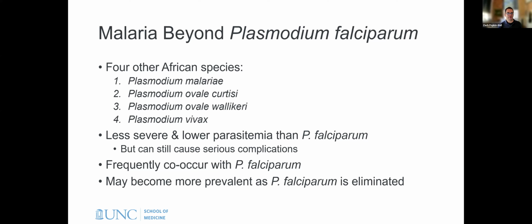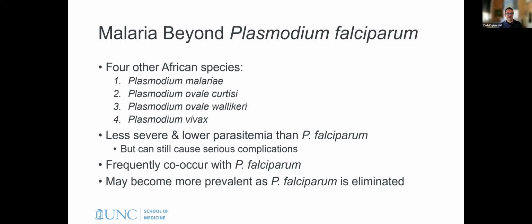Both of those cause relapsing malaria due to the presence of hypnozoites in the liver. And in addition, there's also a degree of Plasmodium vivax in Africa, which again causes relapse because of the hypnozoites. All of these non-falciparum species tend to be less severe, and they tend to cause lower parasitemias than falciparum, but all of them can still cause serious complications and mortality.